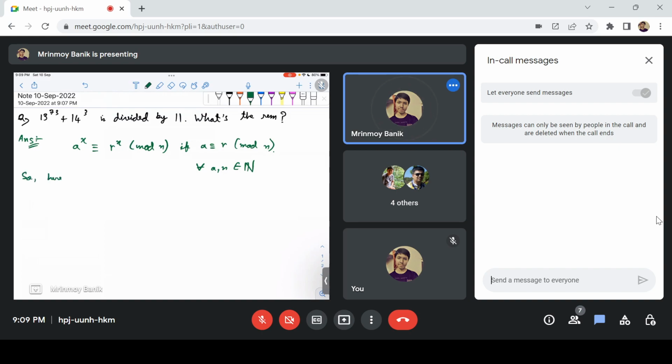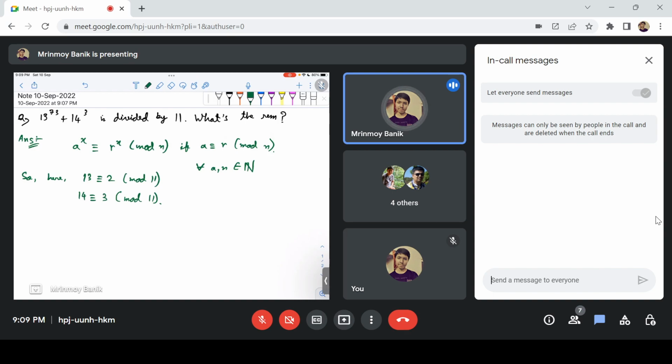So here we have 13 congruent to 2 mod 11 and 14 congruent to 3 modulo 11. So taking powers 73 and 3 respectively, we have 2 power 73. Yeah, so you see, we still can't compute 2 power 73 that easily. So you have to keep on continuing this process of taking remainders and taking small powers till we reach 73.